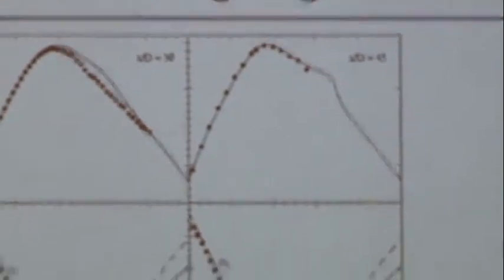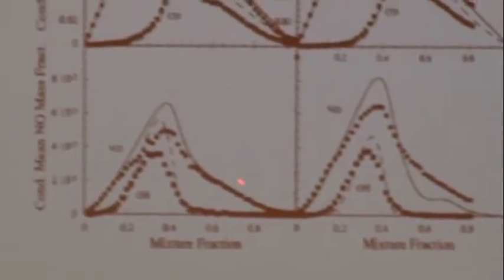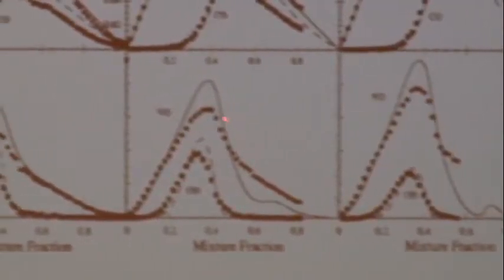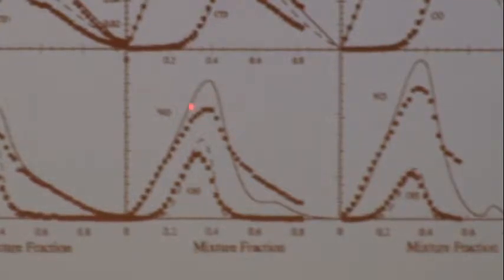Look, for example, at down here we have NO. This is NO. And this is interesting, or take this profile here. This is NO. You see, this is where NO is formed because of the curvature. You see on this side here, curvature goes the other way. This means NO is consumed at that point.